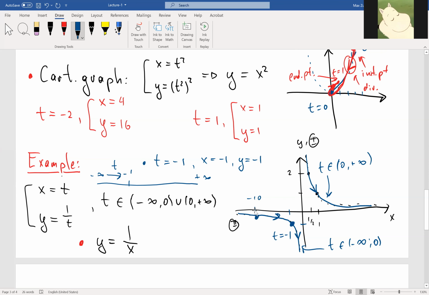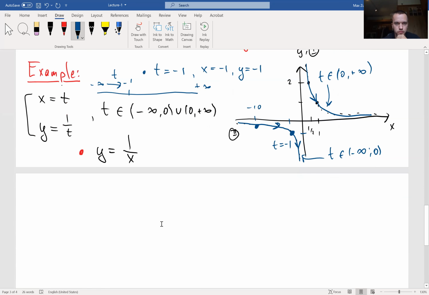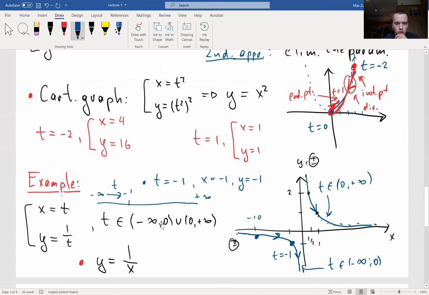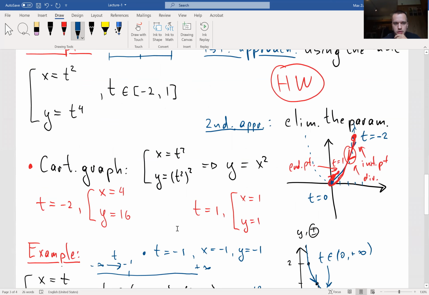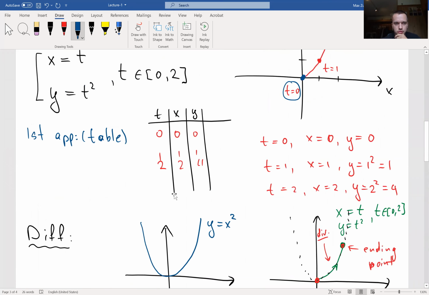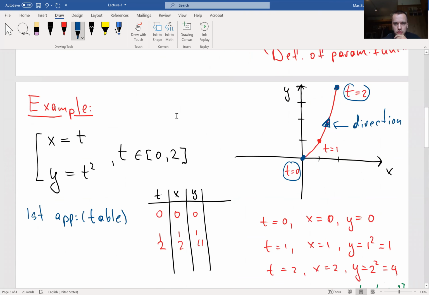Yeah, there is no initial point, and there is no ending point. So you can see sometimes your parametric graph can miss some pieces of information. Usually when t is between negative infinity and positive infinity minus some points, you might have no initial and no ending point. Okay, so I did a couple of examples, like 3 examples of parametric graphs.